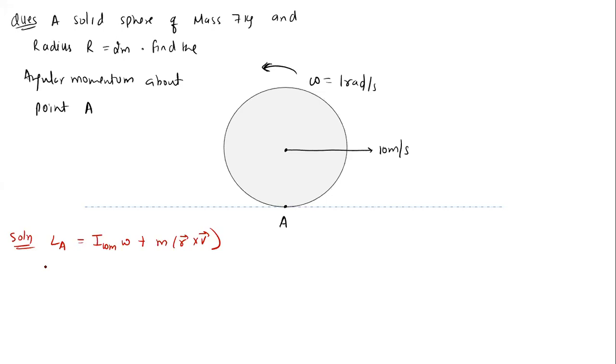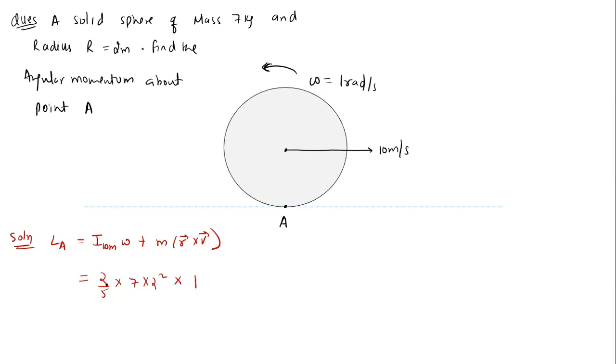Okay, fine. So first of all we have to write I center of mass, which will be equal to 2 by 5 into m r square. Mass is 7, radius is 2 square, into omega.